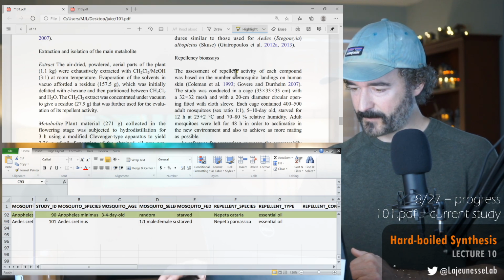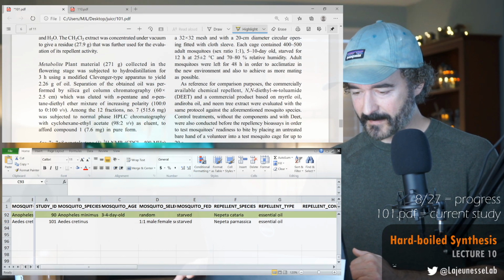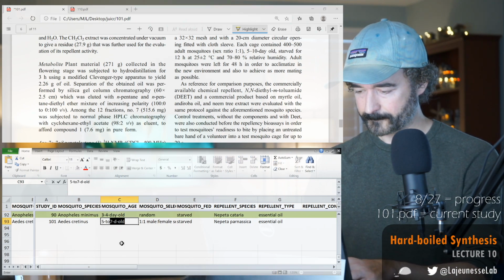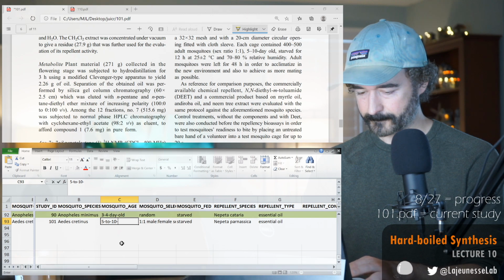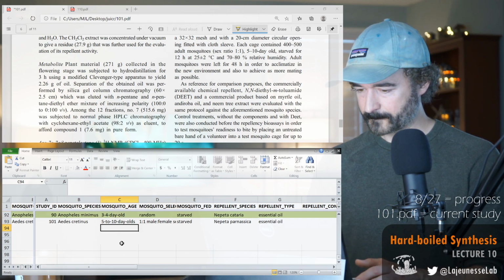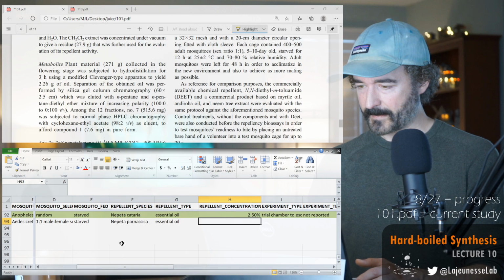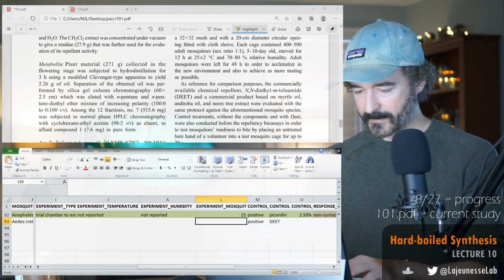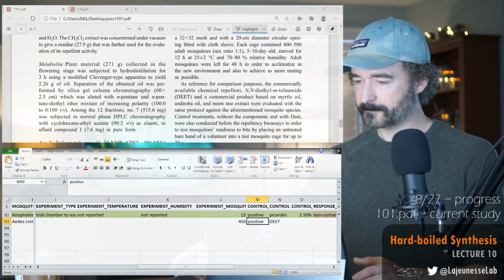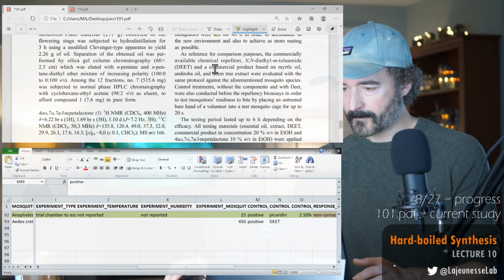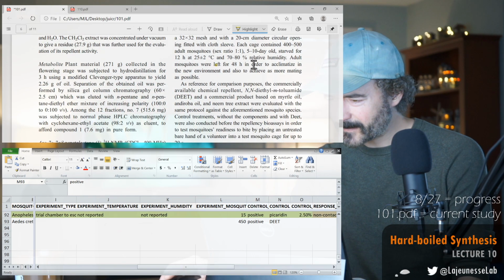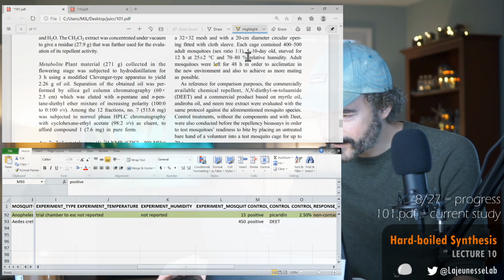They say that they used 5 to 10 day olds. Don't know the concentration. Number of mosquitoes, 450. Reference, they used DEET. Adult mosquitoes were left for 48 hours in order to acclimatize to new environment.